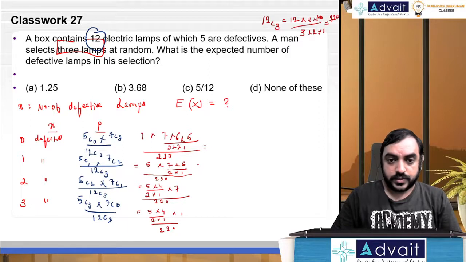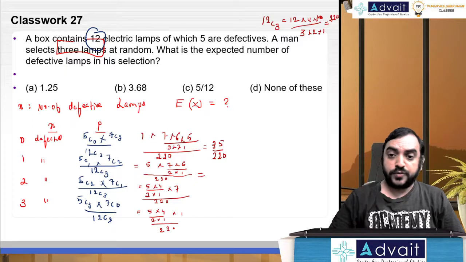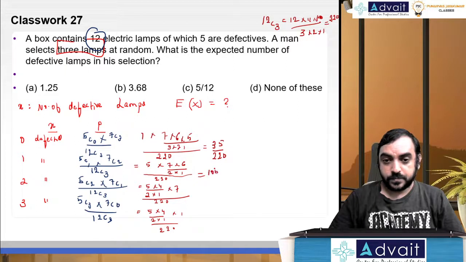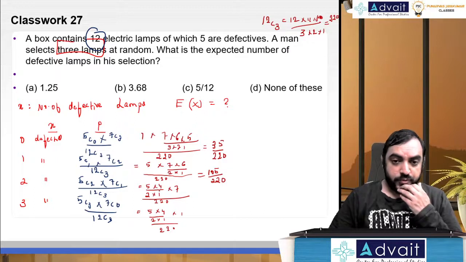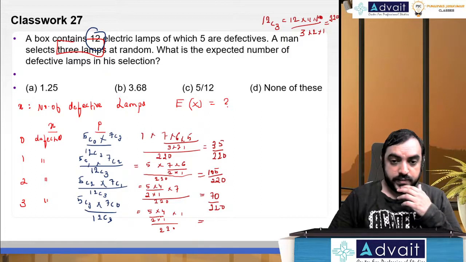So this is 7, 6, 5 by 3, 2, 1, that is 35 by 220. This is 7, 6, 21, 21 into 5, 105 by 220. 7 into 10, 70 by 220. 5 into 4, 10, 10 by 220.